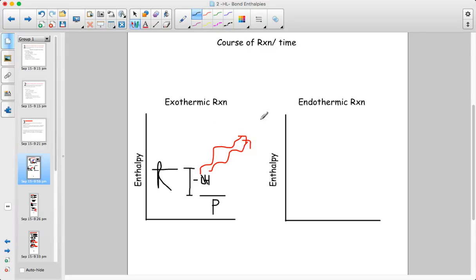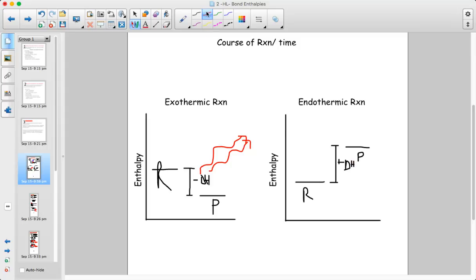The reverse happens in endothermic reactions. You go from having reactants with less energy inside them to products that have more stored energy. And so the change is positive.